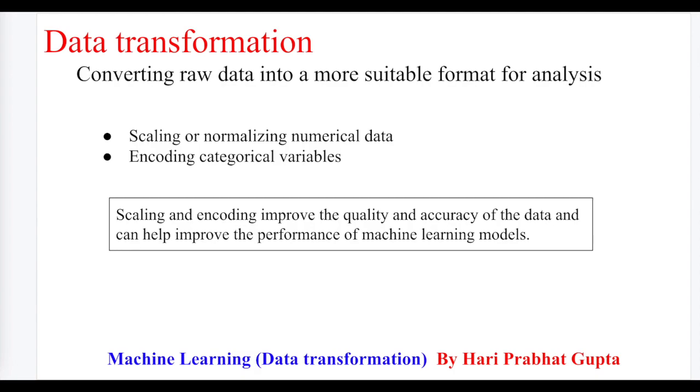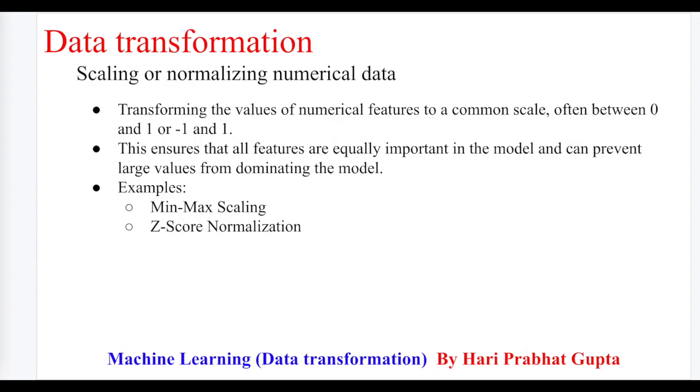For example, if the data size is very large, you may want to convert the data into a given range. Or if the data has float values, but float operations take time, you can transform the data into integers. That type of step is involved in data transformation, and there are two techniques: one is normalizing numeric data, and the other is encoding categorical variables.